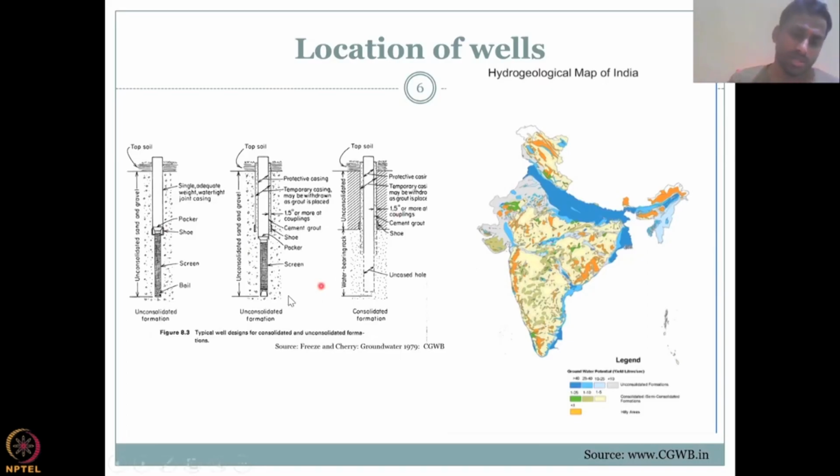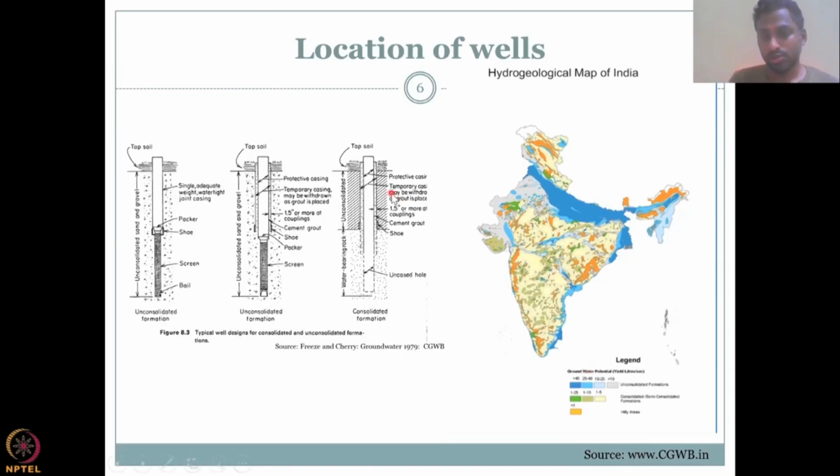But then the second type is more found along the Ganges belt, the dark blue regions, where new sediments keep on coming. Along with this water movement, there is some sediment that can move into the well. So that aspect regarding the wells needs to be carefully understood.